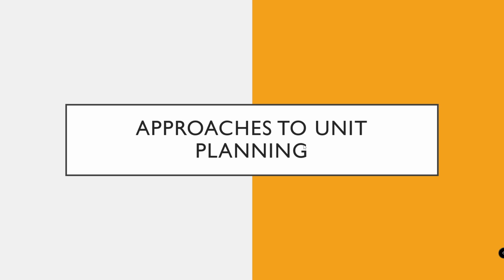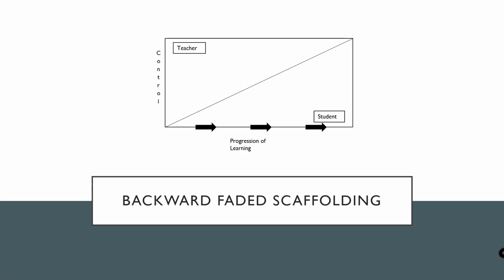So what are some approaches to unit planning? We've talked about this sort of backward mapping, outcomes-based assessment. That's a core thing. You can't move away from that. But how might that be expressed? A few different things. We can have backward faded scaffolding to complement our backward mapping.